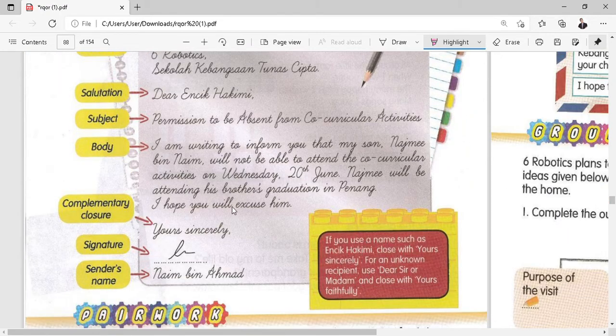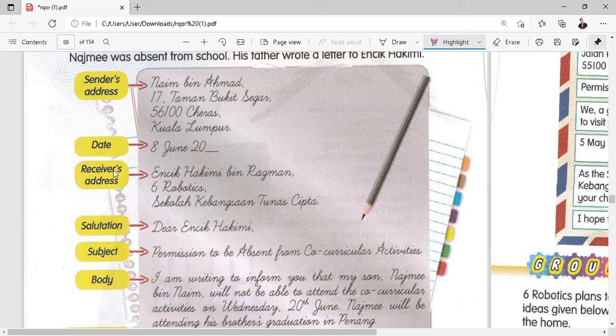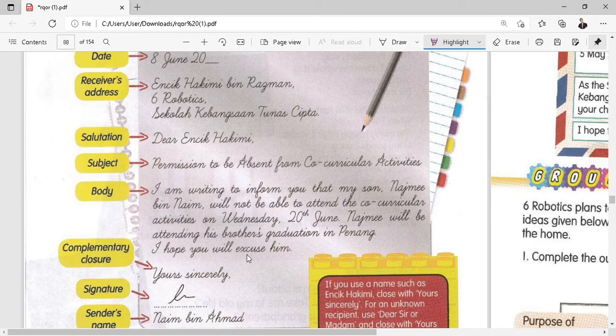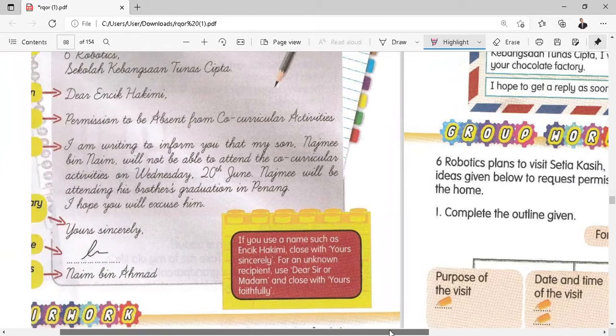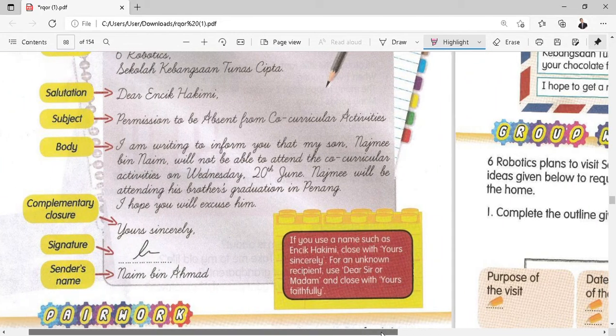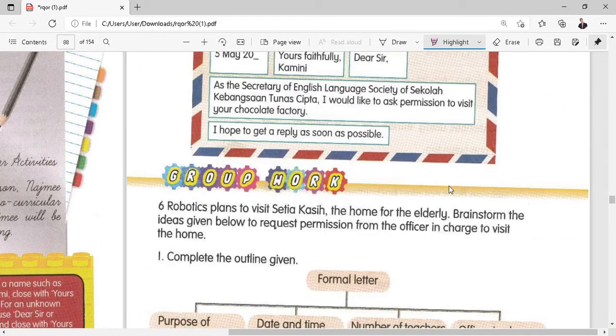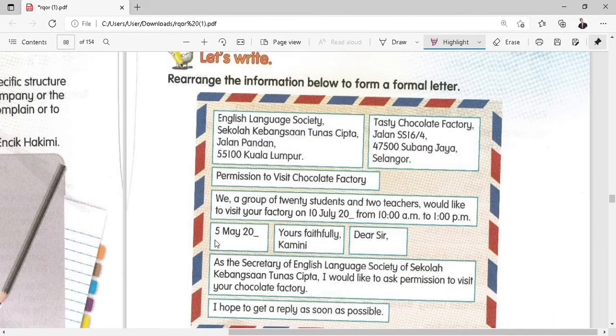All the 9 pieces of information, and you just follow this example on page 88 and try to do your own formal letter using the same 9 pieces of information. Make sure it's in a formal letter.